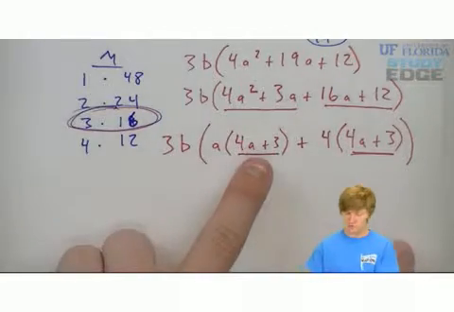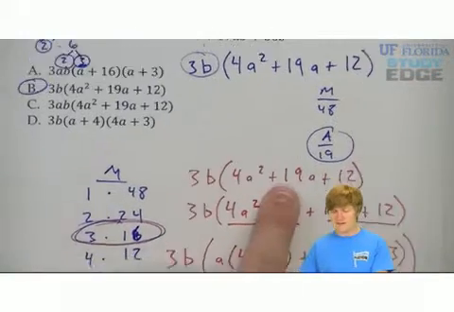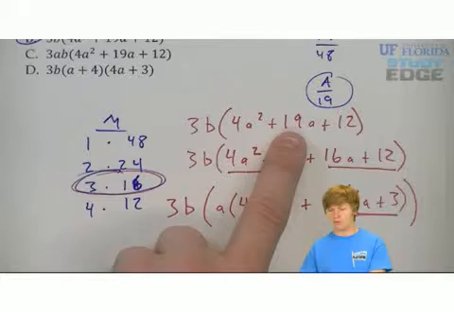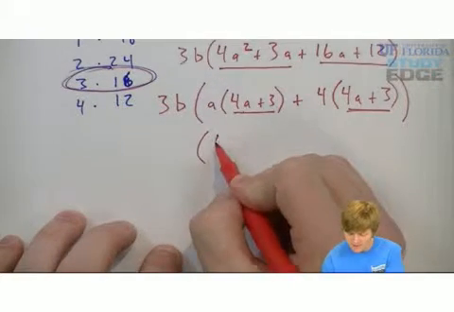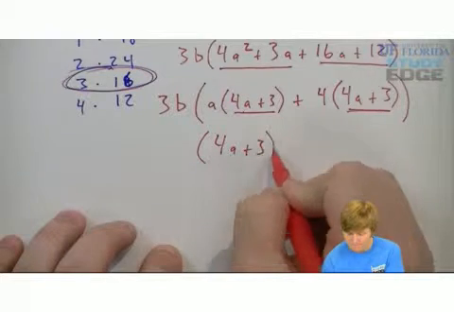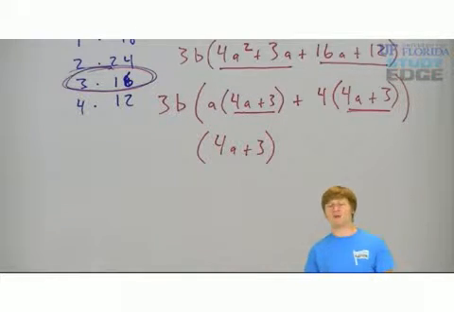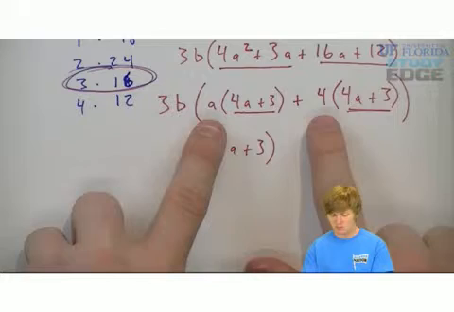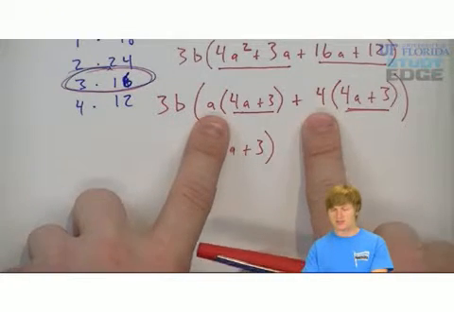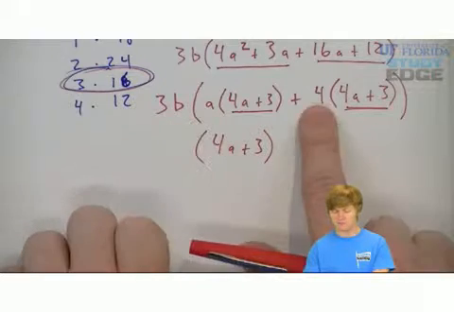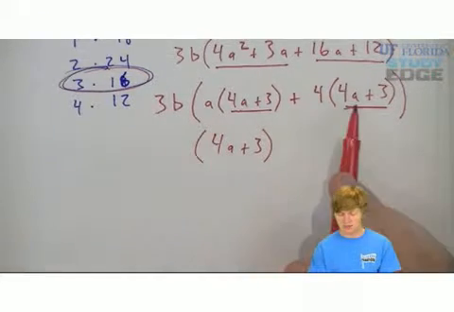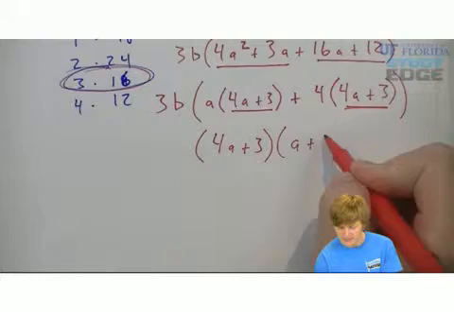One of my terms for my factored version of 4a squared plus 19a plus 12 is going to be that 4a plus 3. But then my other term is going to be what I'm left with on the outside of those parentheses, a plus 4. Everybody see that? A plus 4. So that's going to be my second term.